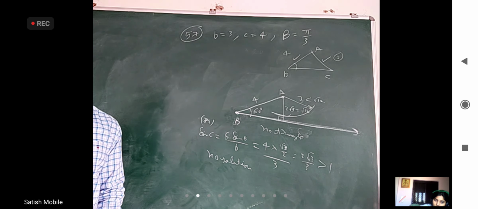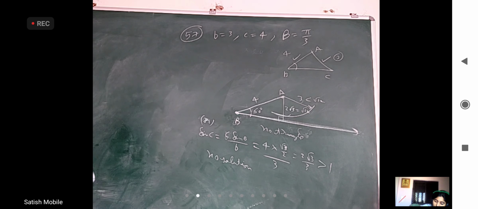You can try 58 also, very simple, directly the cosine rule.